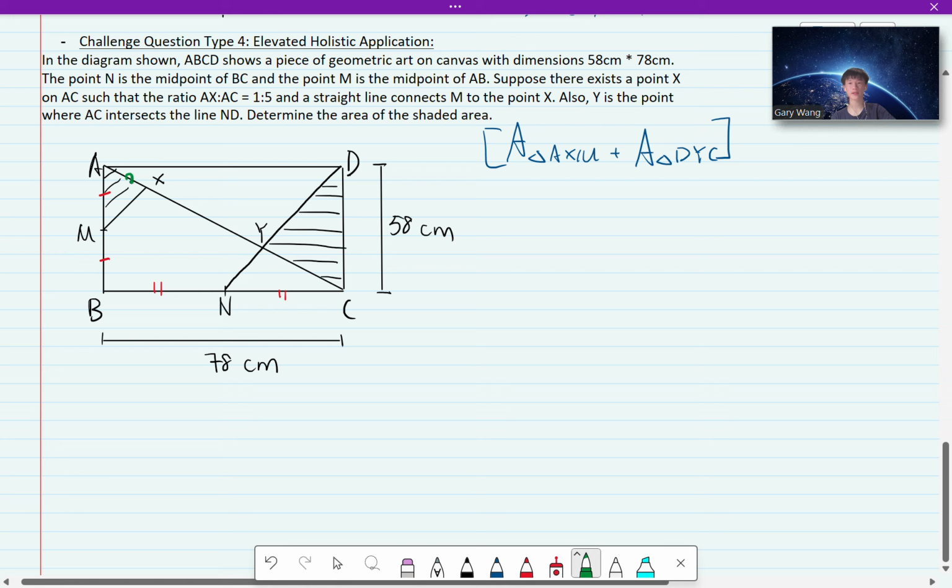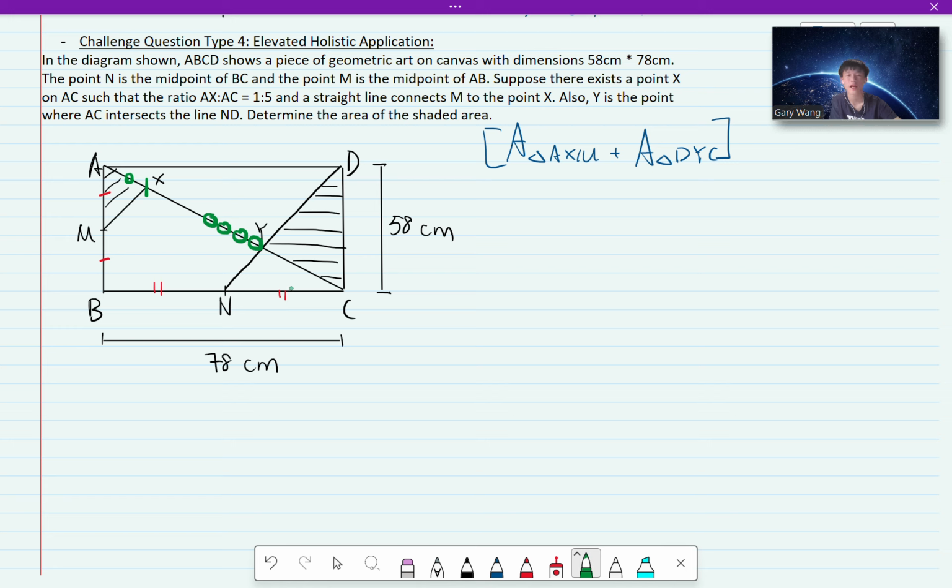So if we say this is 1, the rest of the segment AC, which is XC, would be 4. So this is the cutting point. AX is 1, XC is 4, so in total 5, and AX is 1/5 of the whole thing.